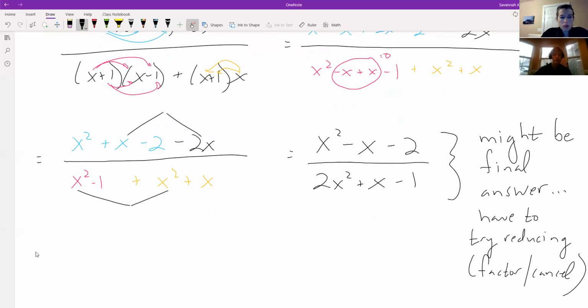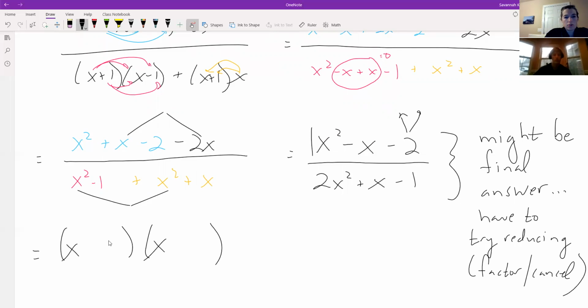Now, the top polynomial, because it has that 1x squared, looks like one of those nice shortcut factorings. If it's going to work, we can just put x, and all we'll have to do is attempt to factor this -2 in such a way that the factors add to be -1.